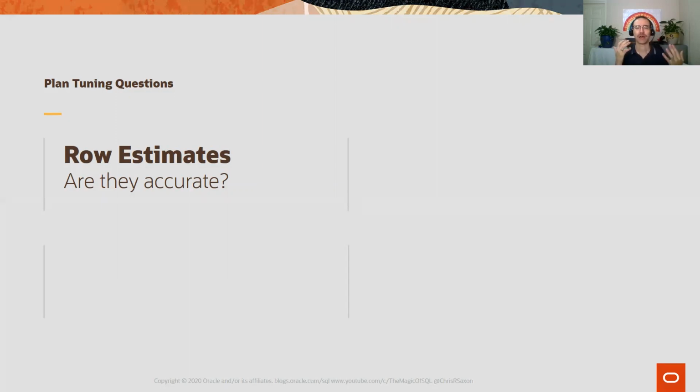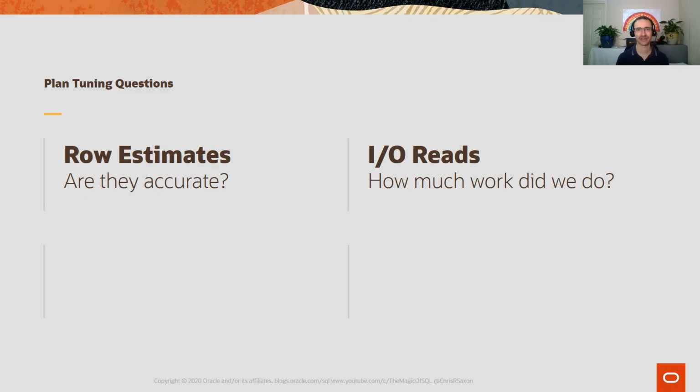So are those row estimates accurate? If they are, the next question we can ask is, how much work did we actually do? How much effort did the database go to fetch and process them? In this case, the key thing you want to look at is I/O. There are 2 key resources when processing things on computers, CPU and disk. And when it comes to SQL performance, disk dominates.